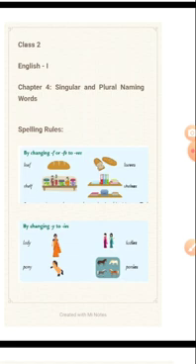So this is spelling rule number 3 we are going to learn, in which we are changing any naming word which is in singular by changing the last letter F or FE to VES to make it to plural. Just look at the example given here.